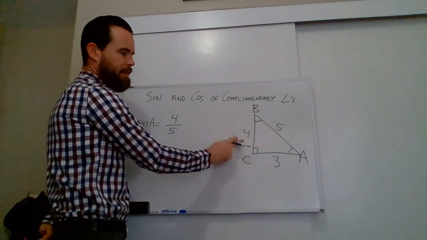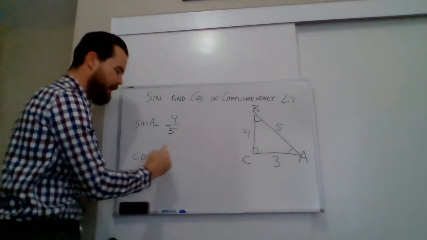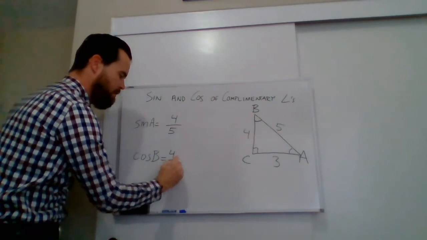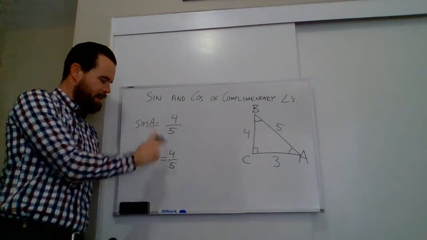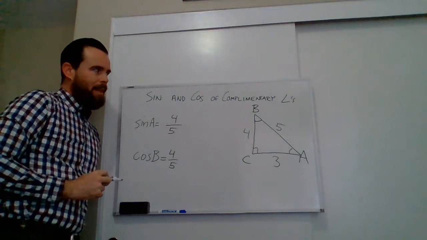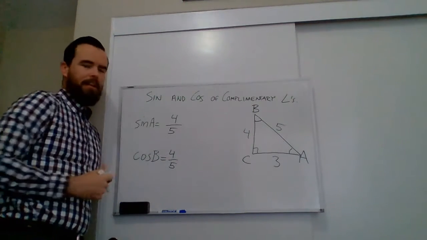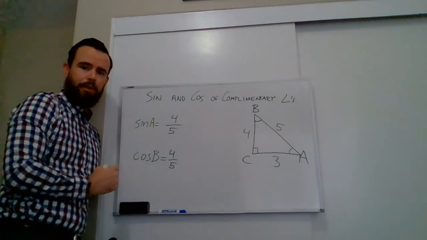The adjacent side to angle B is this 4, and our hypotenuse is still 5. Well, that's interesting. The sine of A is equal to the cosine of B. That's because the sine of an angle is equal to the cosine of its complementary angle.